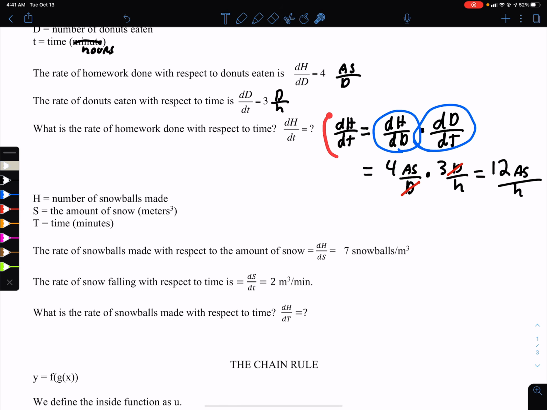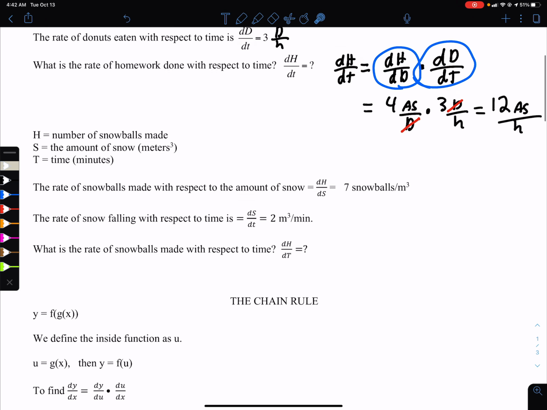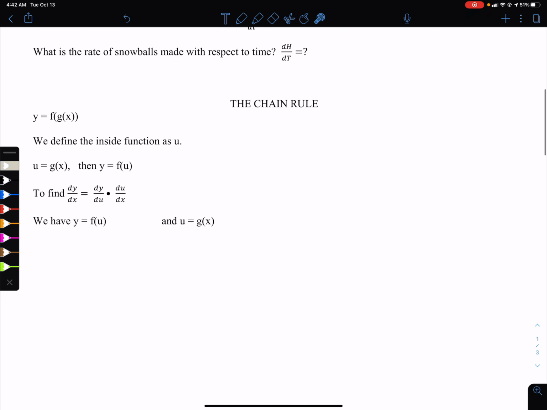We wanted dH dt. So we needed a dH on top. And so we're able to find a function with dH on top. But we want dt on the bottom, so we need another function with a dt on the bottom, and that would have been this one here. And then with these canceling, you end up with what you want, dH dt. So that's the thought that you have.